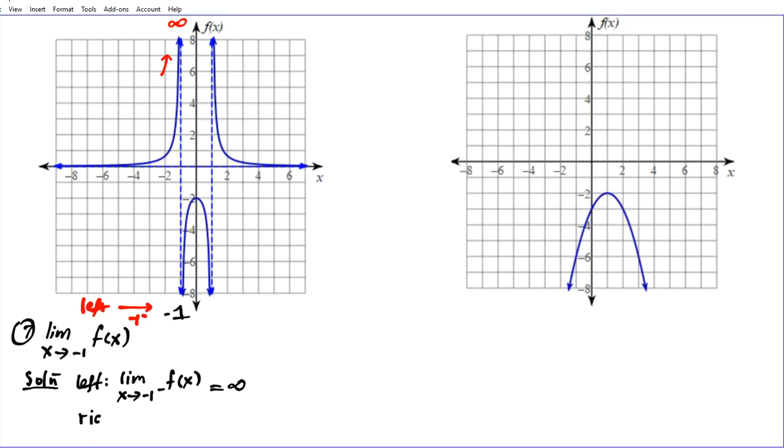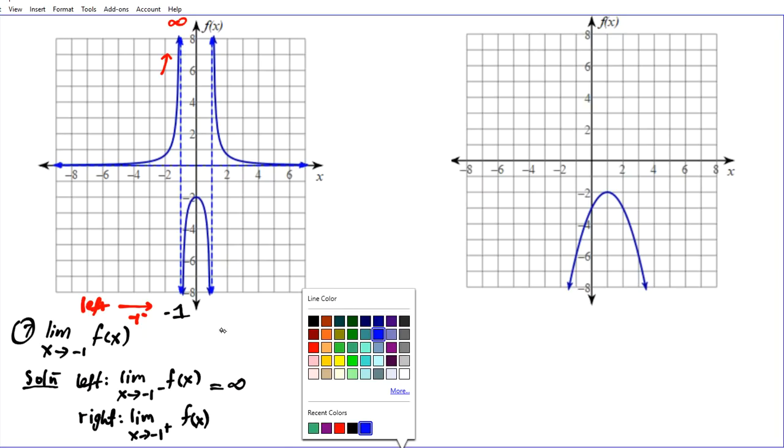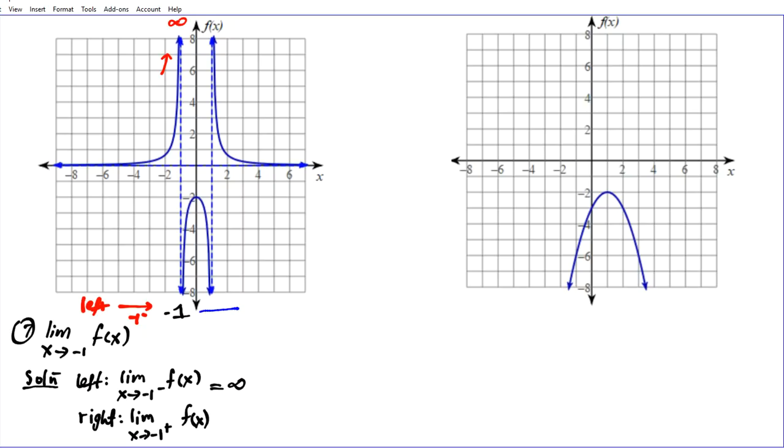Now how about the right? Let's take a look at that. So for the right, we're looking at the limit as x approaches negative 1 from the right of the function. Okay, negative 1 from the right means you have a power of positive.